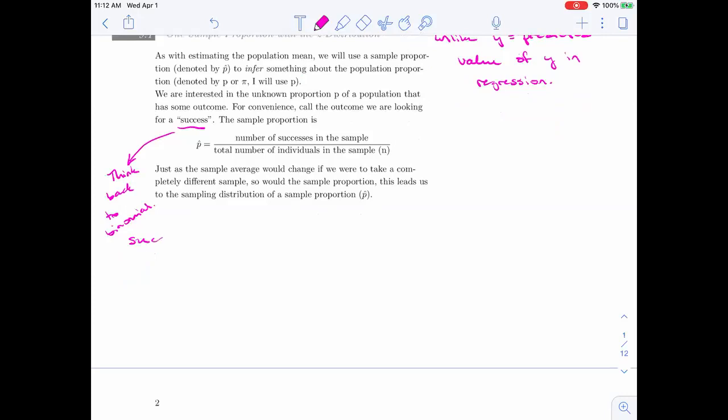Success, failure is categorical data. So the sample proportion of successes is going to be p hat, which is the number of successes in the sample over the total number of individuals in the sample.